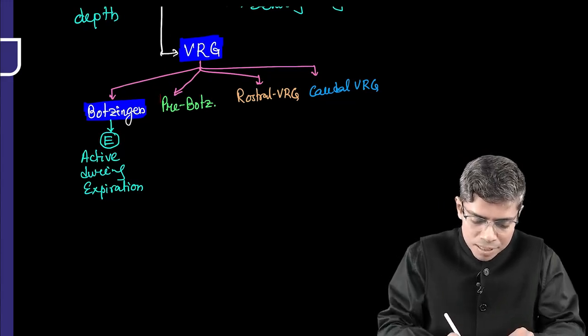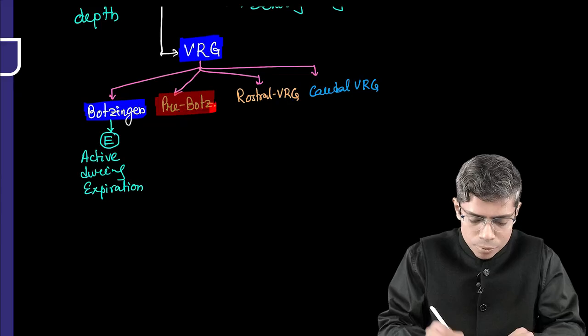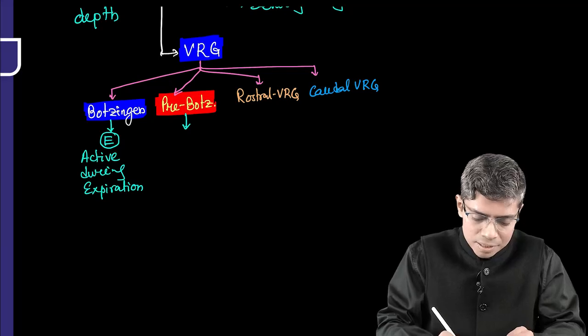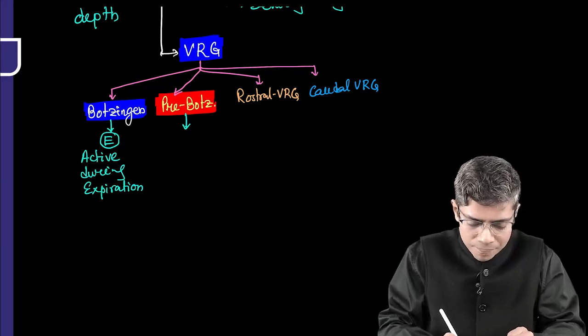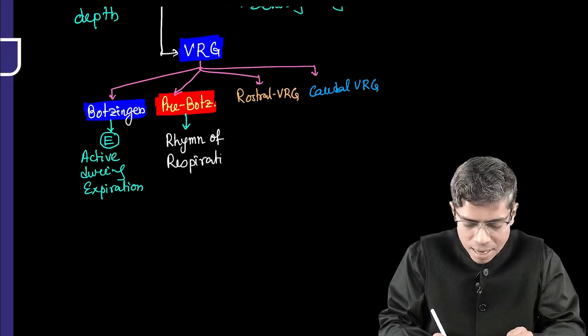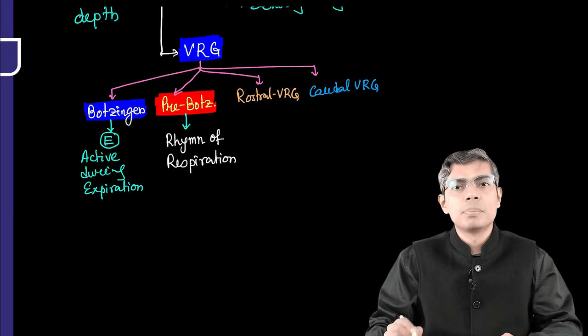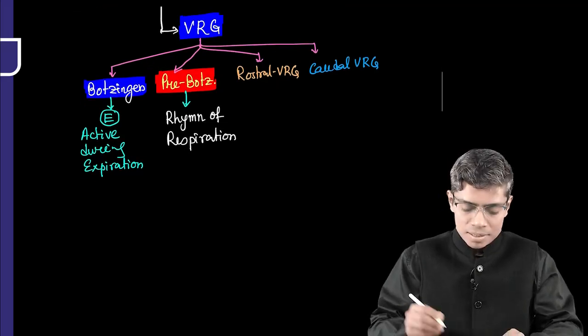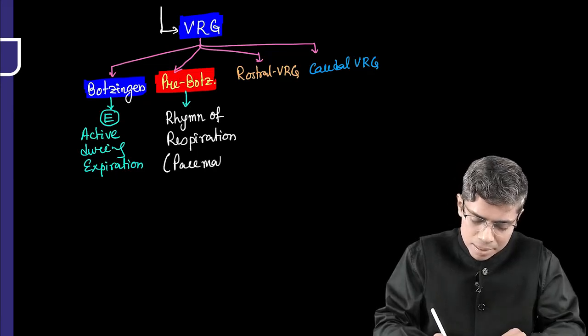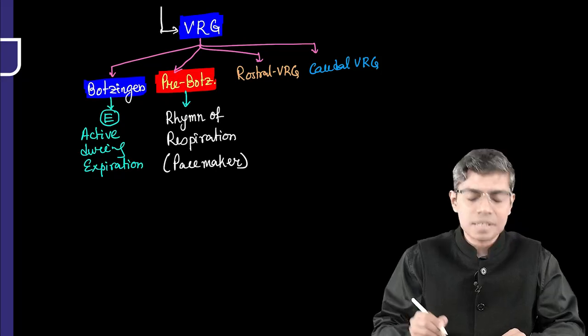Then this pre-Bötzinger complex, I told you, is the most important neuron group. I am writing here, very, very important: the rhythm of respiration is generated at the level of pre-Bötzinger complex neurons, because of which this is known as the pacemaker of respiration.